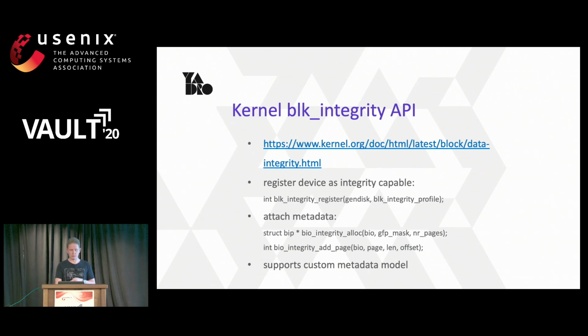Even, I believe, DM integrity has its own metadata, and T10 protection info is implemented as well. So we have hardware, we have kernel API support, and it looks like we can do something with this.